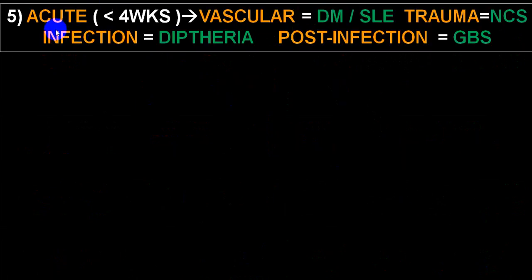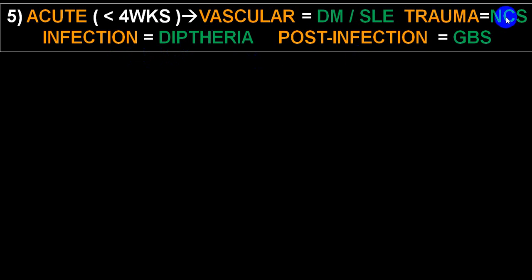So onset wise, if it is less than 4 weeks, we call it acute onset, always in favor of a vascular etiology, particularly vasculitis. And whenever you suspect vasculitis, the two most common are diabetes and SLE. Others which are very acute, like nerve compression, or after giving injections, or diphtheria, are again put into the acute group.